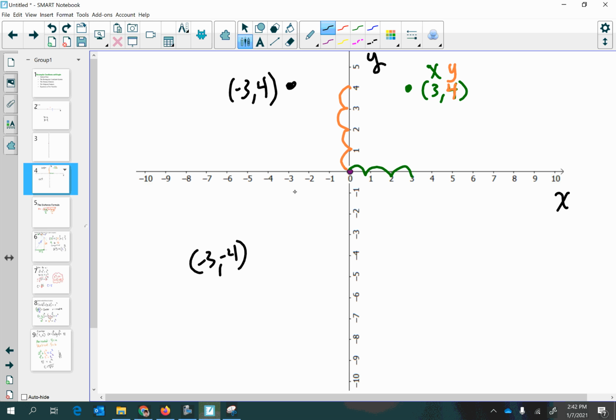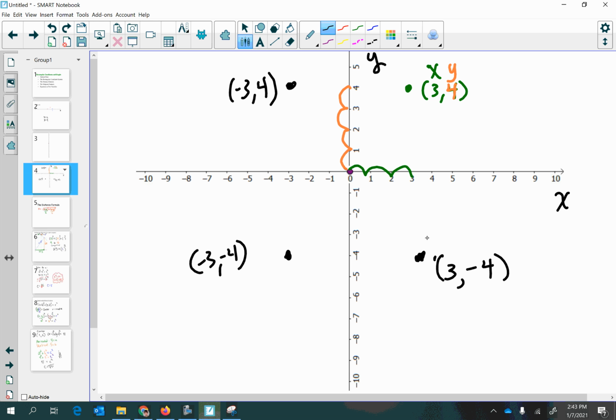So we change the sign of both of these, and we'll have this point right about here, right? And what about if we keep the x value positive, but we change the sign of the y value? Then we would be down in here, right about here, 3 and 4.